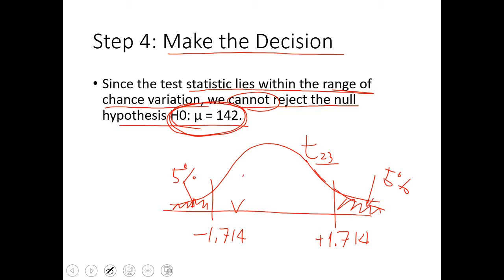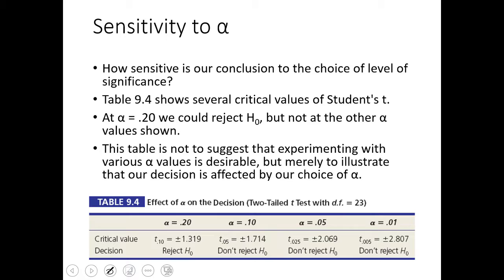And our t statistic value is minus 1.534. So here is minus 1.534, and here is 0. This number is between these two values, so we cannot reject the null hypothesis. Okay, so that is the conclusion.